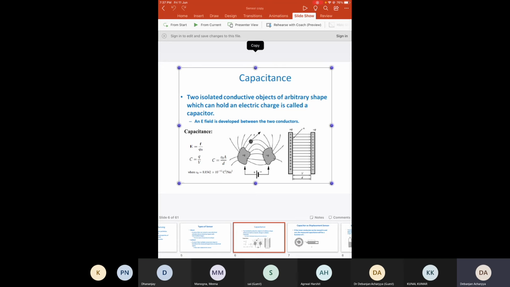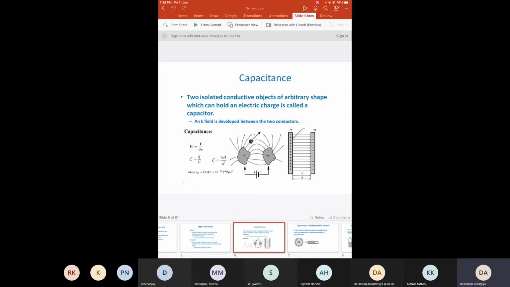you can see that there are two metal plates, and in between them there is a dielectric. From the capacitor formula, you know that C equals epsilon A by d. Here you can change the area of the capacitor plates, A; d is the distance between the two plates; and epsilon is the permittivity.